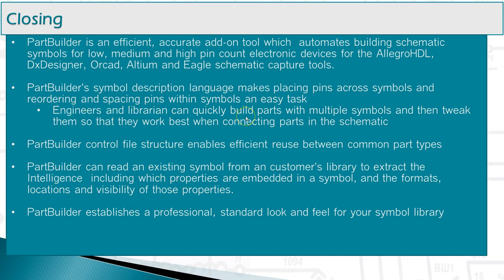Engineers and librarians can quickly build parts with multiple symbols and then tweak them so they work best when connecting parts in the schematic. PartBuilder control file structures enable efficient reuse between common part types. It can read an existing symbol from a customer's library to extract the intelligence, including which properties are embedded in a symbol, and the formats, locations, and visibility of those properties. PartBuilder establishes a professional standard look and feel for your symbol library.